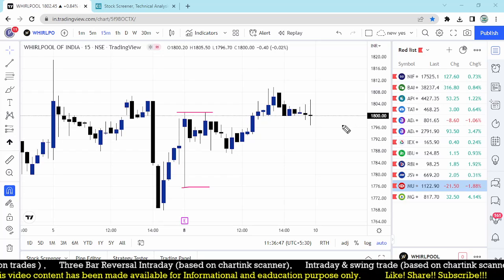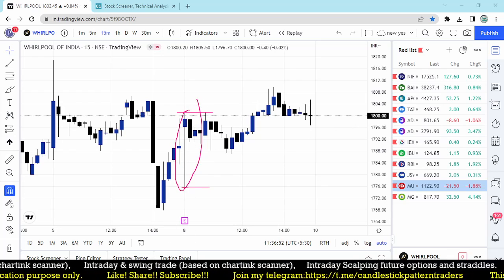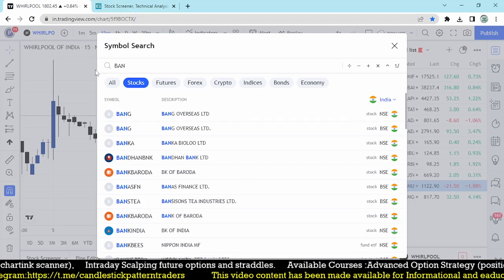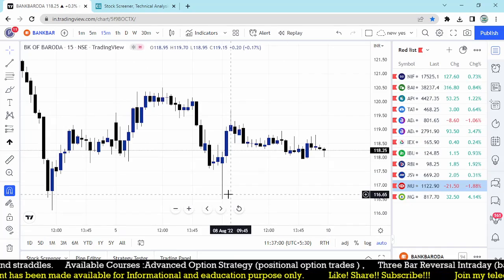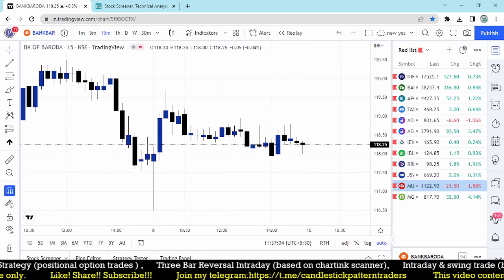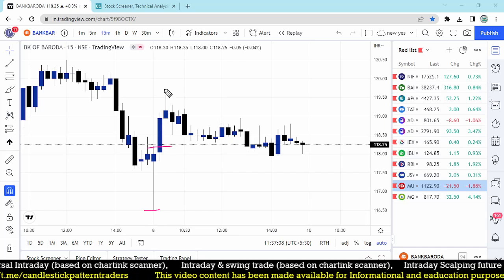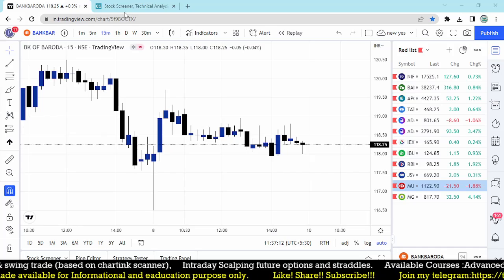But it's not giving you such a big result, because it has the biggest wick of the candle, so we may avoid such a thing. The second one is Bank of Baroda. Yes, the second one also forms a hammer in the first 15 minutes candle. It forms the breakout in the next 15 minutes, and immediately it went a little bit, maybe 1:1.